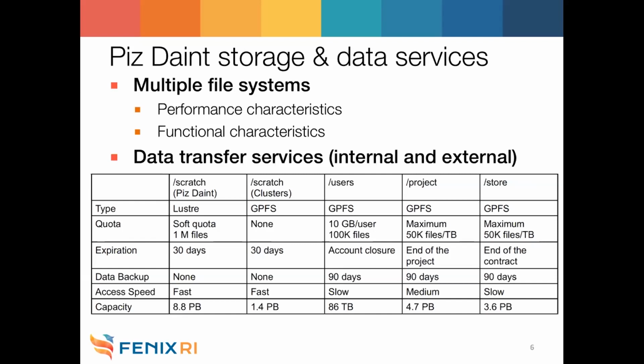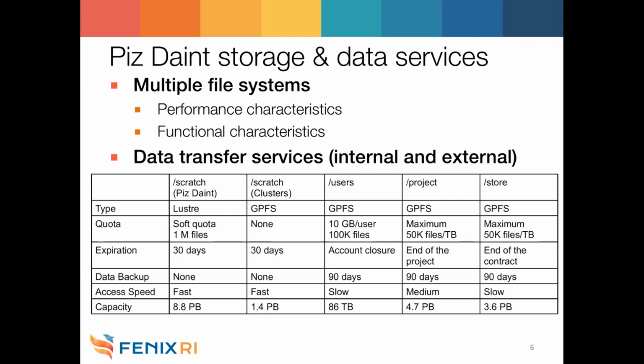So for the scalable compute services, the main file system is a Scratch file system. As the name suggests, it's a Scratch. So the idea is it can support large scalable jobs running on multiple nodes, so that your performance is not limited by the performance of the file system.